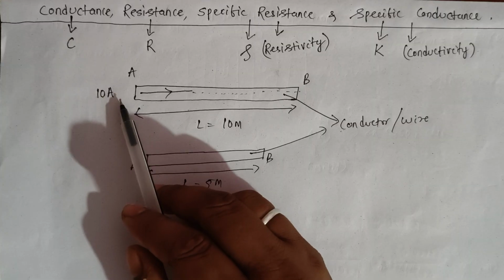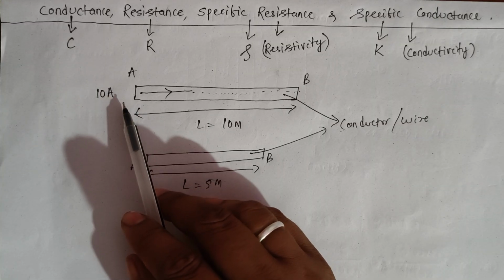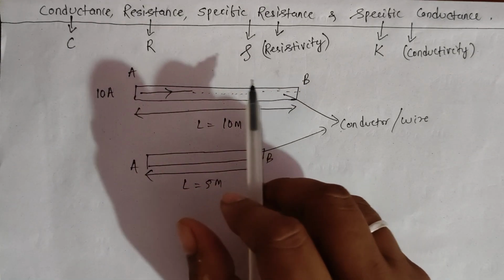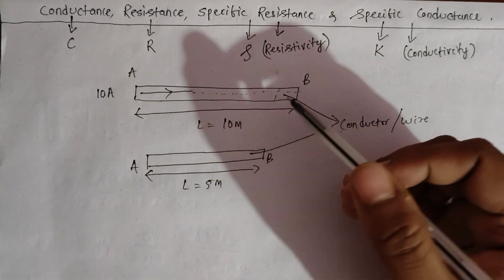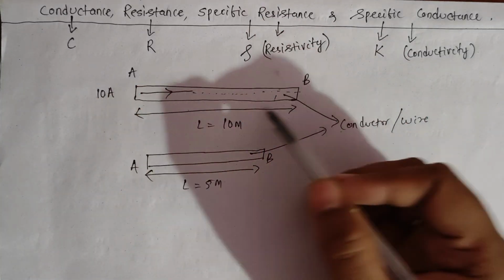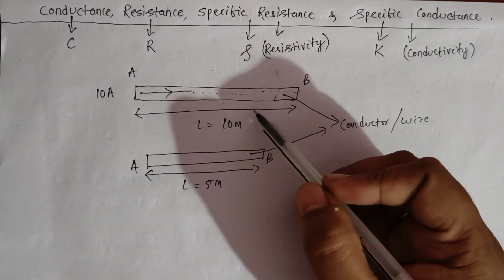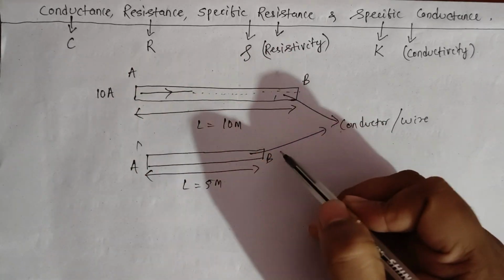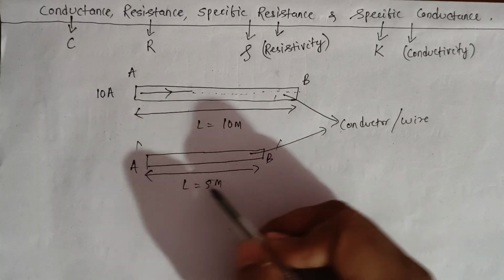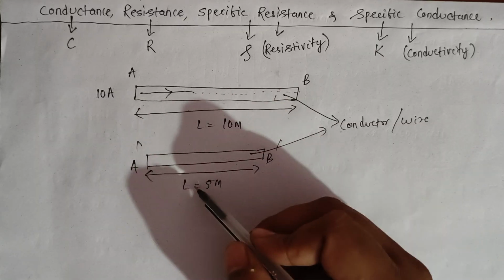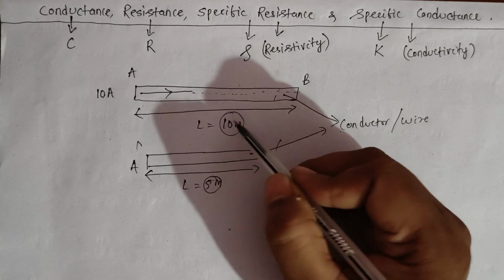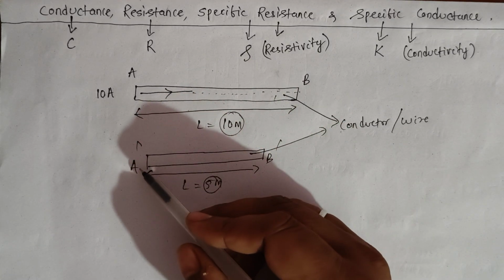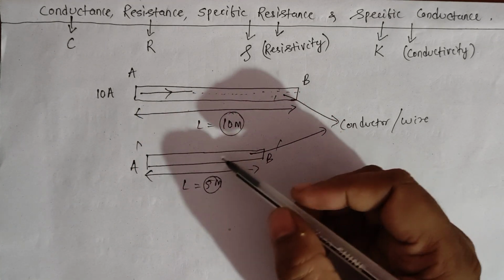When 10 ampere of current flows from A to B over 10 meter, the output current is very low due to the length of the conductor. Comparing A, B with A prime, B prime, here length is 5 meter, less than the first example, 10 meter. So in 5 meter current flow will be more as compared to 10 meter.